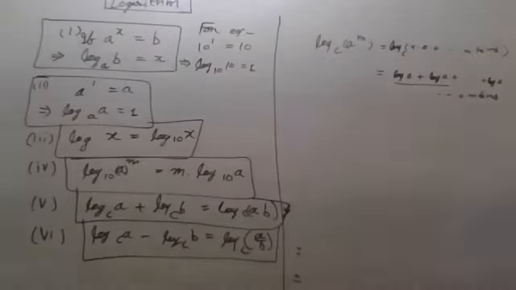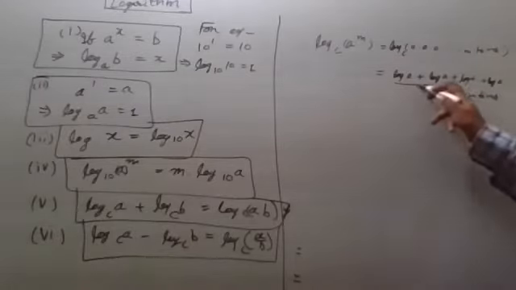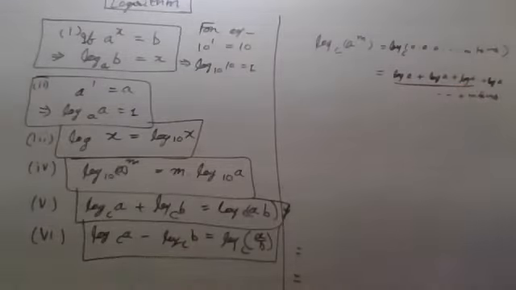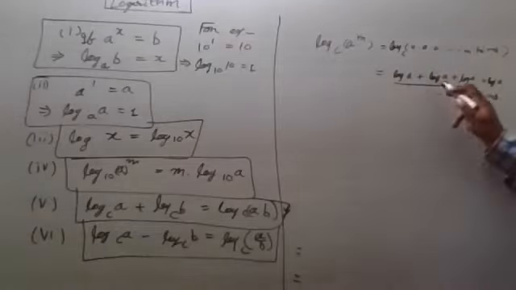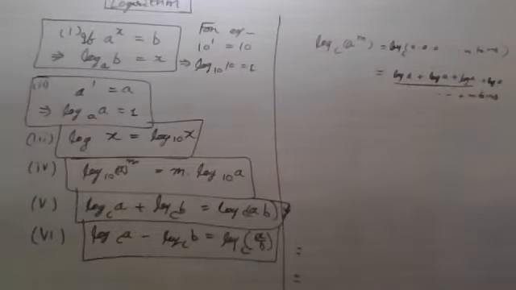Now log a plus log a is 2 log a, and log a plus log a plus log a is 3 log a. It is m times actually, not 4 times only.